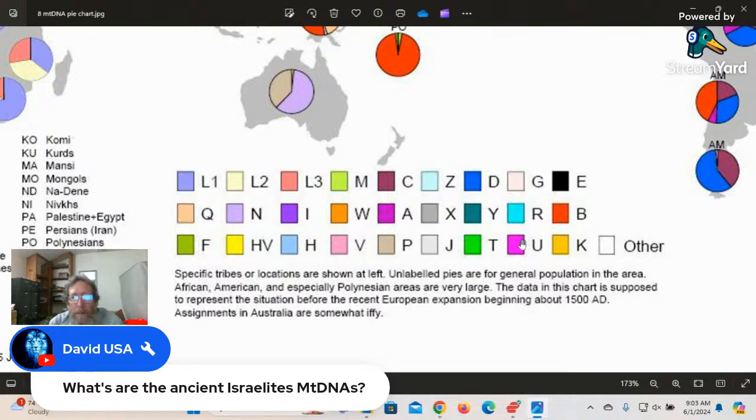So what it seems to be, first there's the N, even though the N itself is in the Jewish populations.